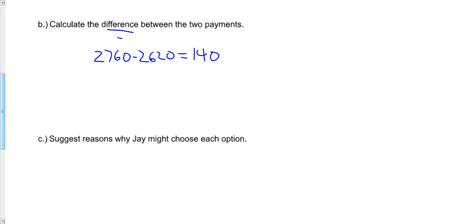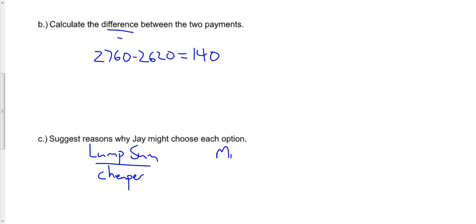So what are some reasons why Jay might choose each option? Well, he might choose the lump sum, all at once, because it's cheaper. It's cheaper, it could be easier, maybe he has the money available.